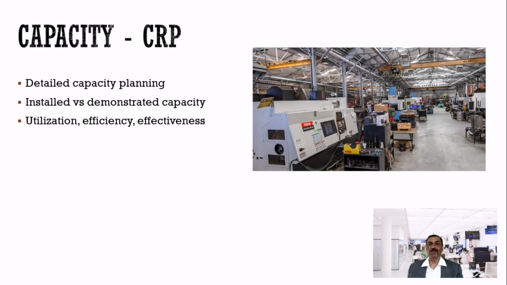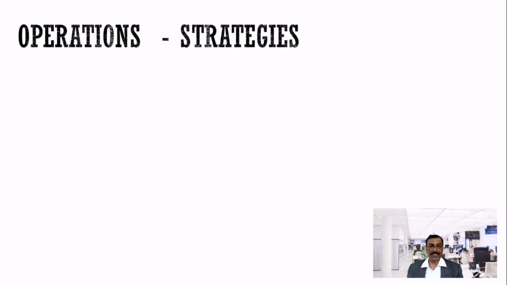Efficiency is output by input, which may also be in the range of 90%. When you combine utilization and efficiency, it becomes effectiveness. There are formulas involved. And how flexible you are in terms of increase or decrease in capacity or change in model is what determines capacity management.